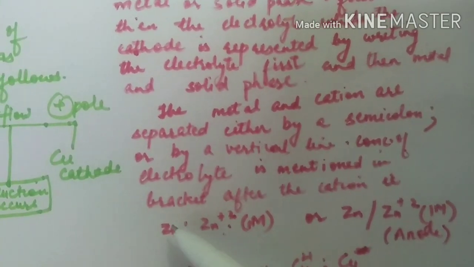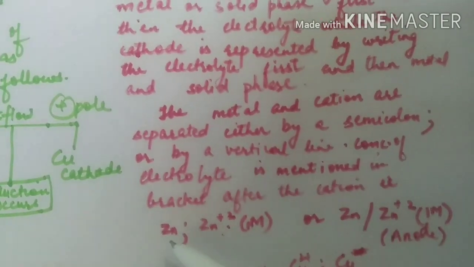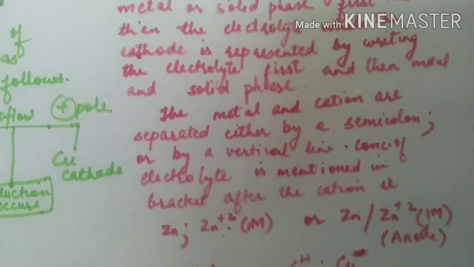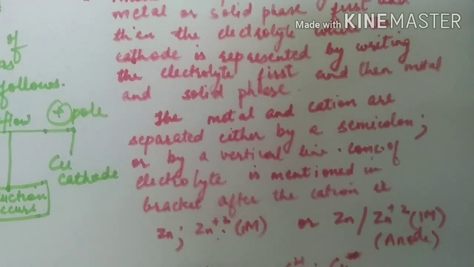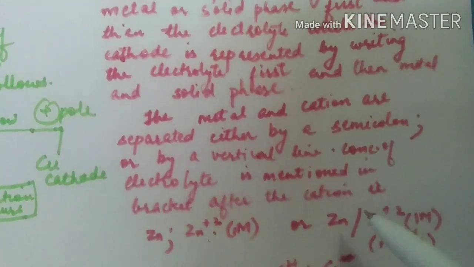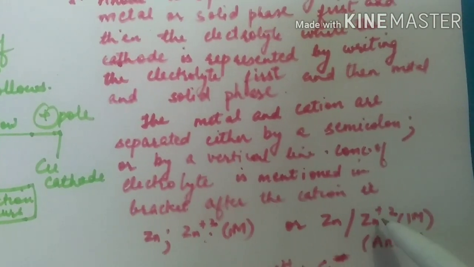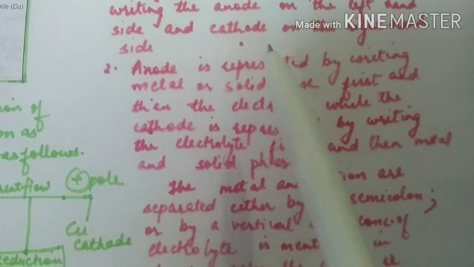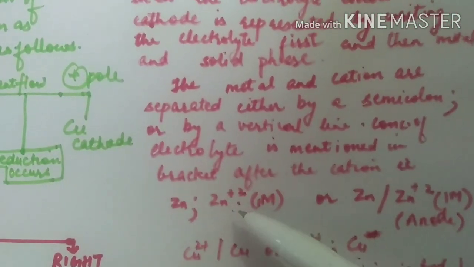For example, for zinc electrode, if it is acting as anode, zinc semicolon, then zinc ions and its concentration in brackets. There is another way of writing that instead of placing a semicolon, we can also put a vertical line in place of metal and its ions. Just to repeat, that anode is represented by writing metal first and then its ions.